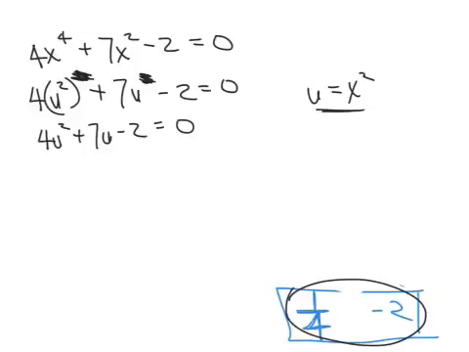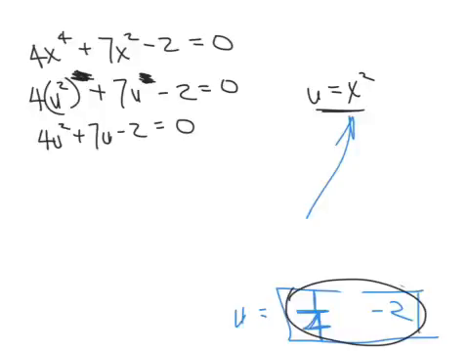So now all we have to do is replace some things in here. The next step is we know that u equals 1/4, and it also equals negative 2. And it also equals x squared.